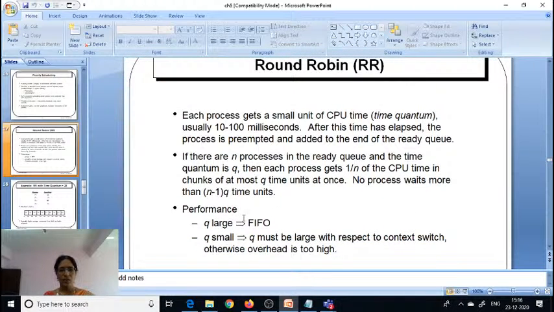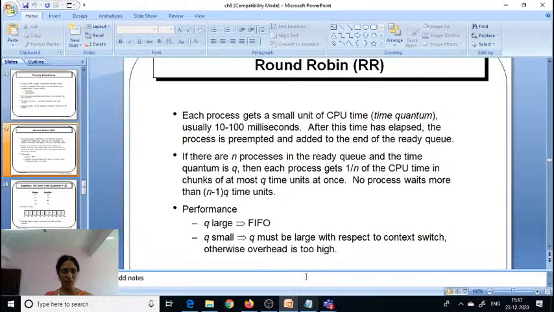Now, how is performance judged? If the time quantum is very high, it looks like first in first out. If it is small, the number of context switches is high, but average turnaround time and average waiting time decrease.